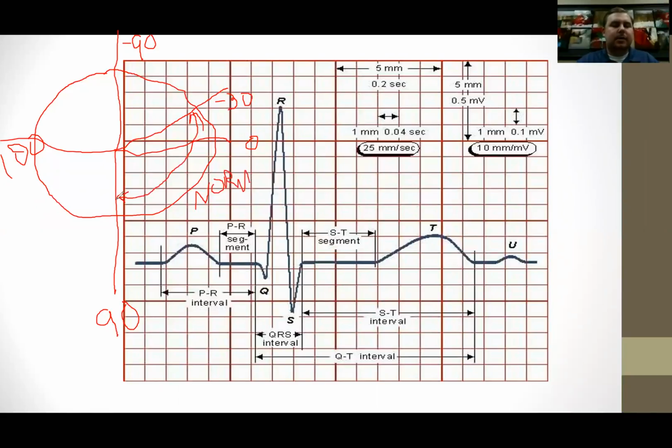Right axis deviation, or RAD, is going to be from 90 over to 180. Left axis deviation is going to be from negative 30 to negative 90. And then extreme right axis deviation is out here in no man's land, also known as the northwest axis, and that's 180 to negative 90.